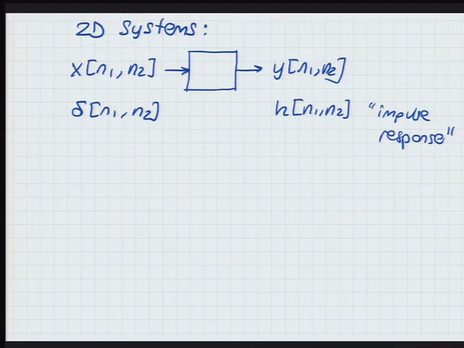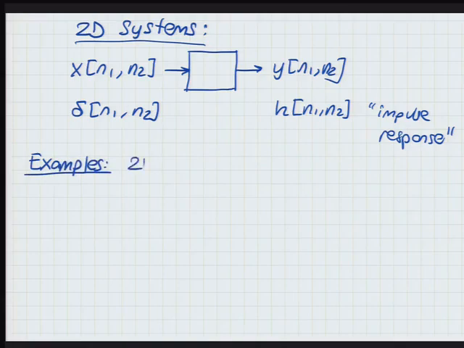All right? Let's think of an example. Maybe one of our examples in the 1D case was the so-called moving average filter. So we could, in fact, come up with a 2D moving average filter.